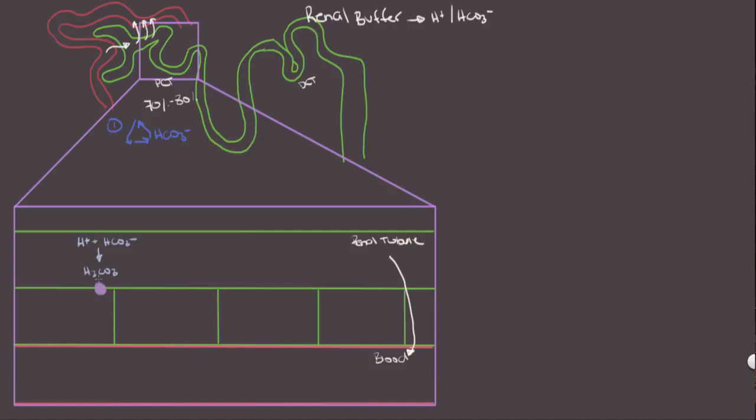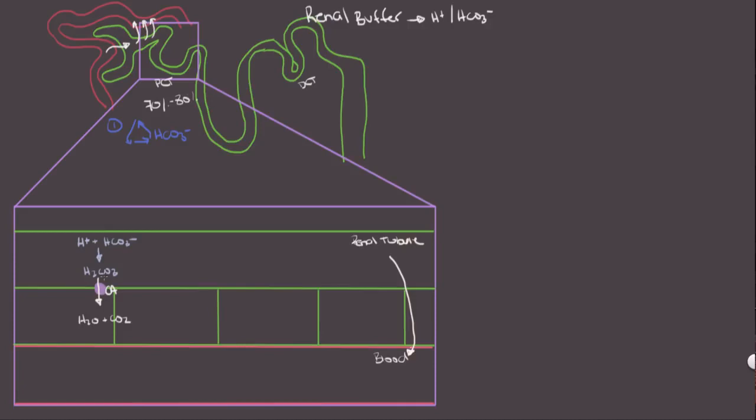So as this H2CO3 moves through that carbonic anhydrase, we end up with H2O plus CO2. So now within those cells we have water and carbon dioxide.